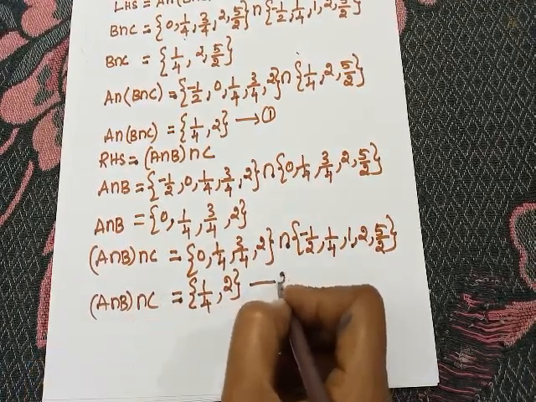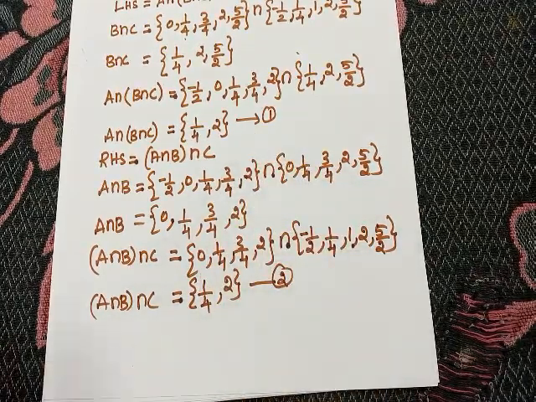So, give equation number 2. Now compare equations 1 and 2. What do we get from equations 1 and 2? We are getting the same value. So we verified that both sides give the same value.